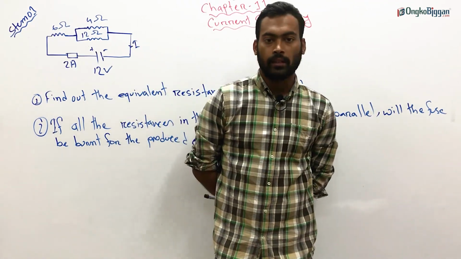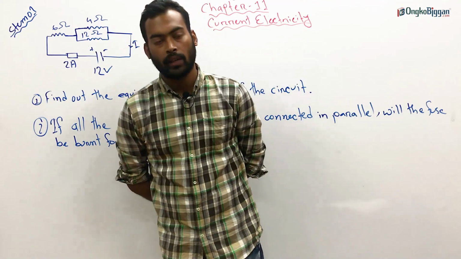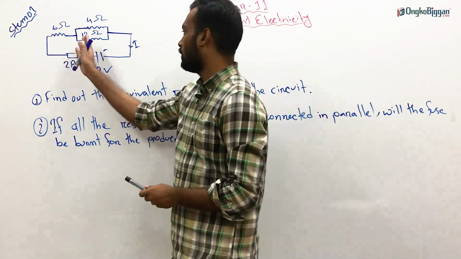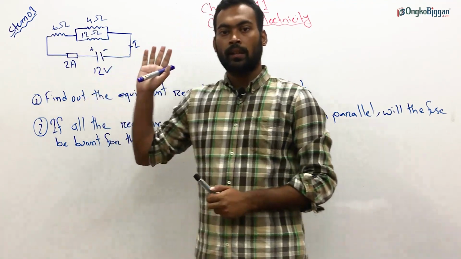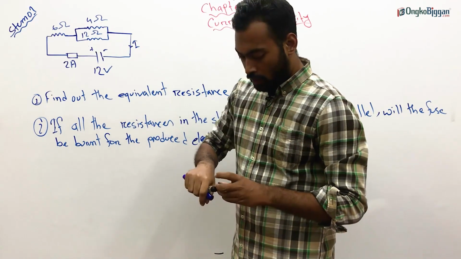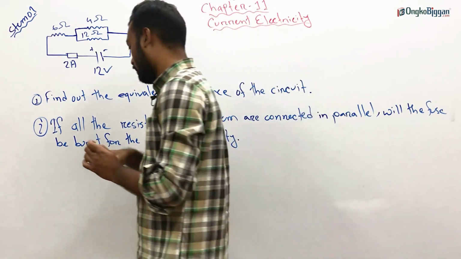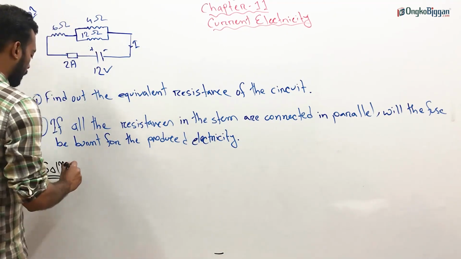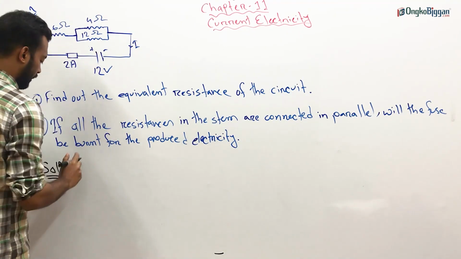We know that resistances can be either in parallel or in series. So first we need to see which of these resistances are in series and which are in parallel. Let's do that. So this one is in series and this is in parallel.